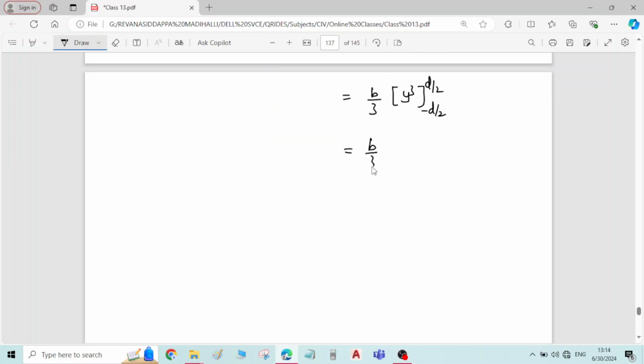b by 3 into d by 2 whole cube means it is d cube divided by 8, minus, minus d by 2 whole cube, correct.